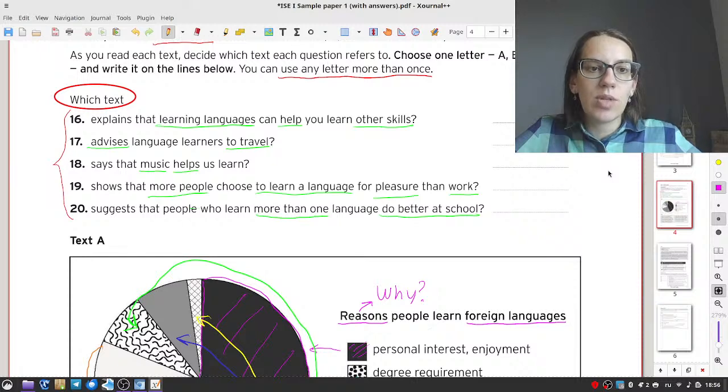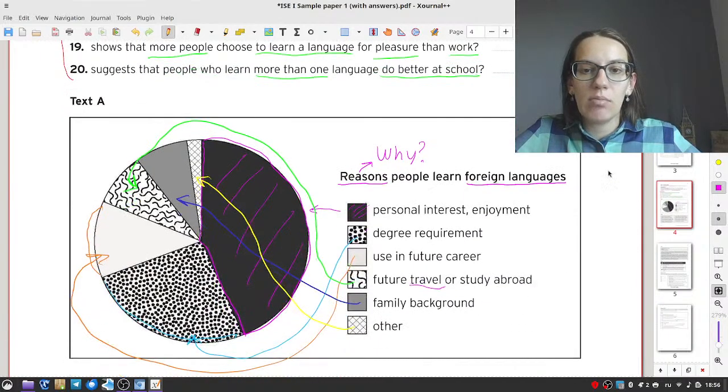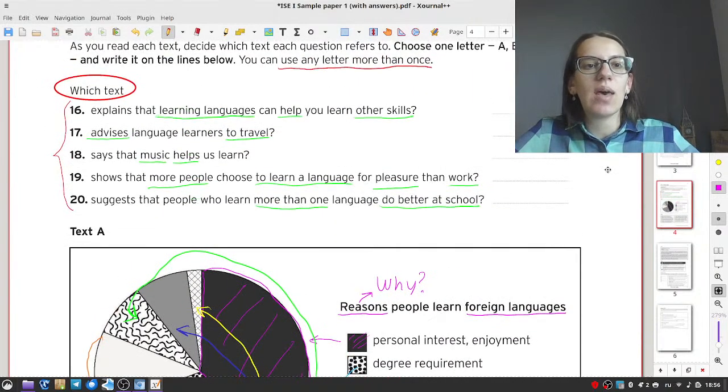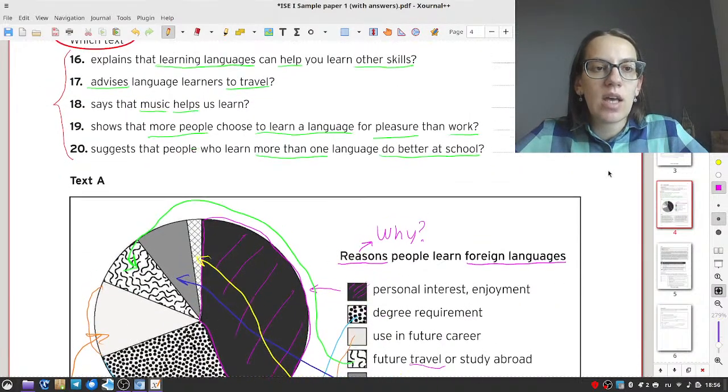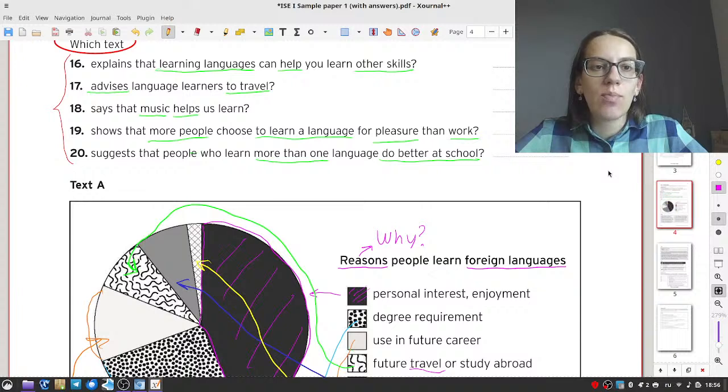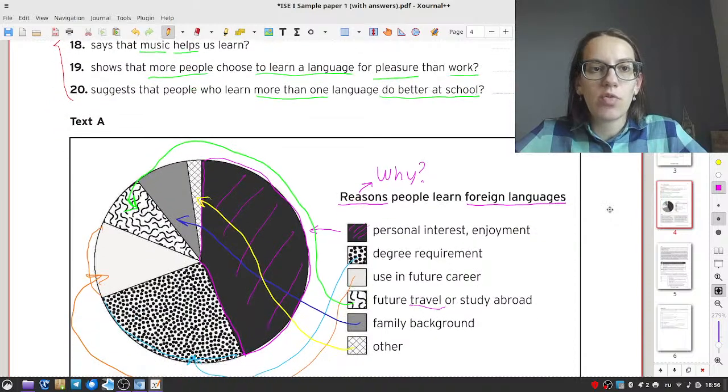18 says that music helps us learn. Well, here, in fact, nothing about music or about helping anyone to learn anything. It's just about the reasons. Now, number 19. Which text shows that more people choose to learn a language for pleasure than work? Now, this is closer, right?